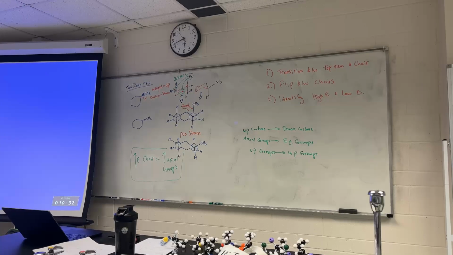The bottom. So that means it's down. I put that since this is a carbon that's pointing up. Is this an equatorial group or an axial group? Good. How about this? Up or down? Because you'd reach the top of the page. Good. Equatorial or axial?